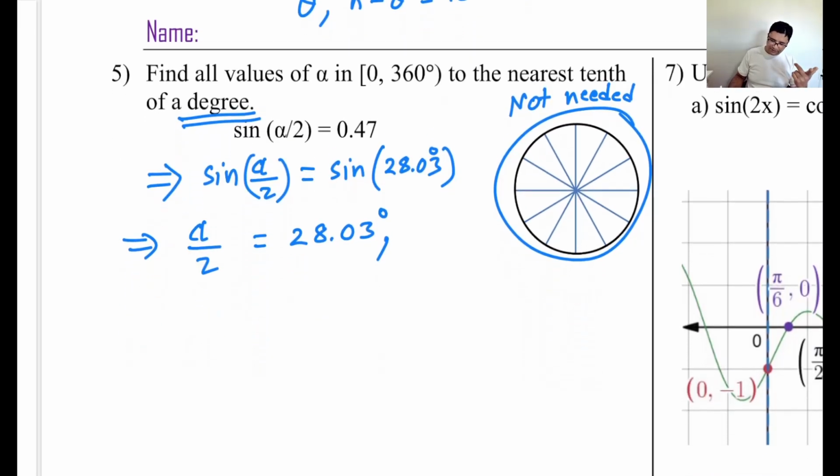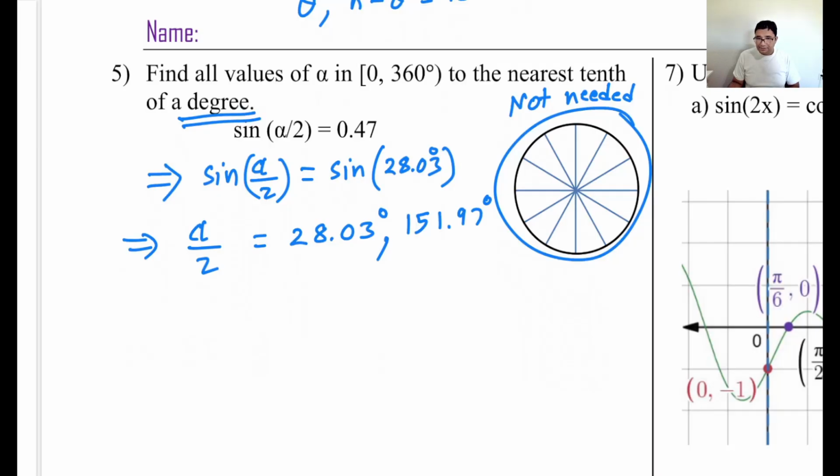So 180 minus 28.03 will be 151.97 degrees. Those will be the two angles.